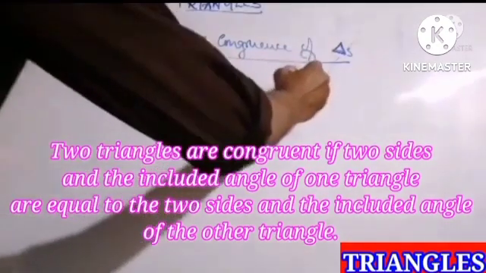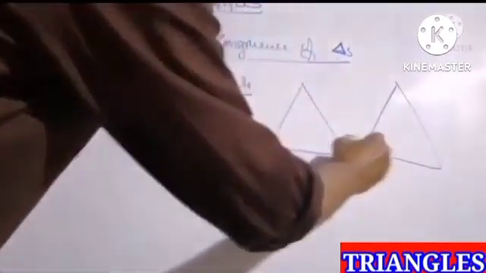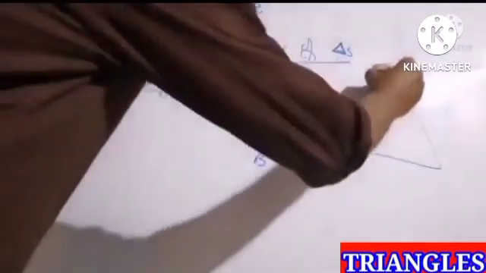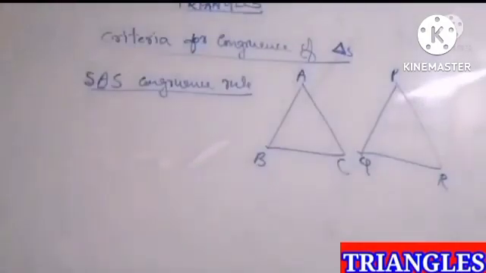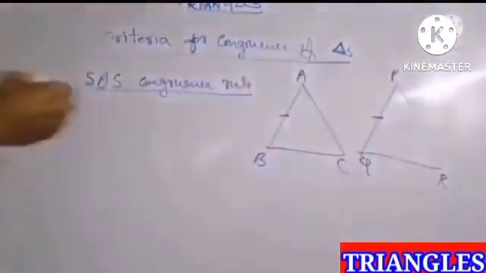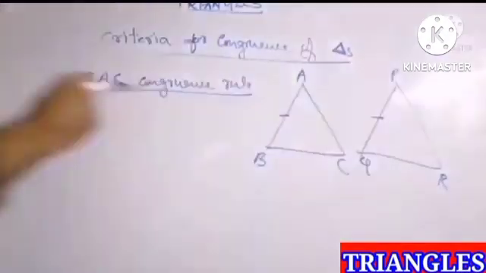Let us consider these 2 figures, triangle ABC and triangle PQR. Let AB and PQ, sides having the same marking, represent equal sides.